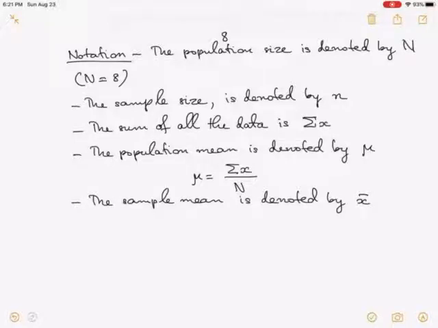So x bar, this is the most important symbol used in this book. So x bar will be the sum of all the sample values divided by the sample size n.